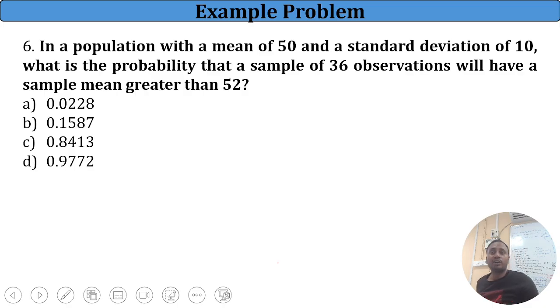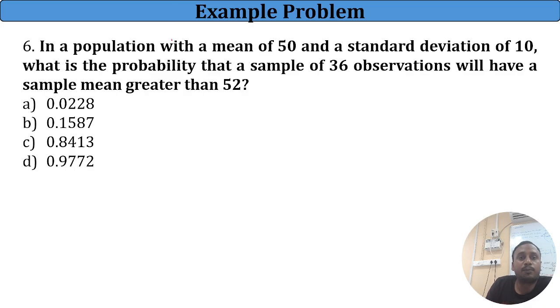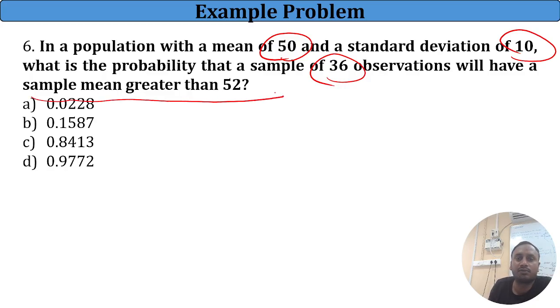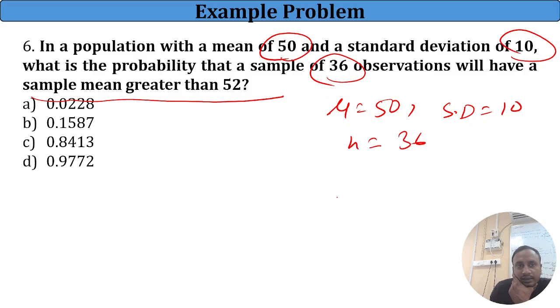So now we have one question. In a population with a mean of 50, the standard deviation is 10. What is the probability that a sample of 36 observations will have a sample mean greater than 52? It's a simple question that you can solve. Mu is equal to 50, standard deviation is equal to 10, sample size is equal to 36, and it should be greater than 52.